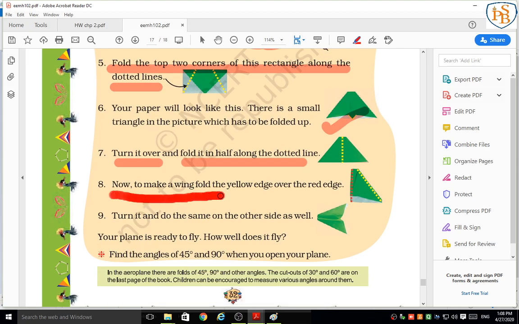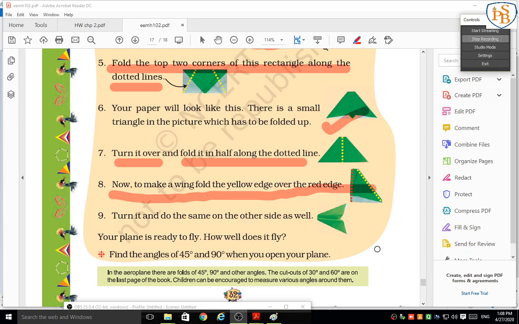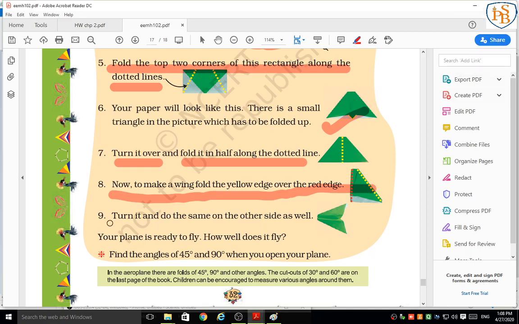Now to make a wing, fold the yellow edge over the red edge. After that, turn it and do the same on the other side as well. Now your plane is ready to fly. Okay, students? Now tell me, how well does it fly?